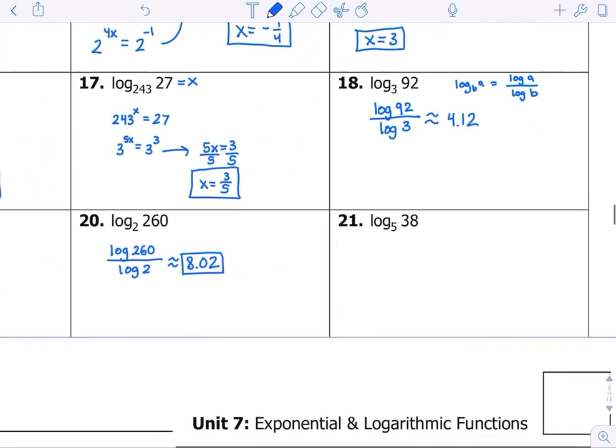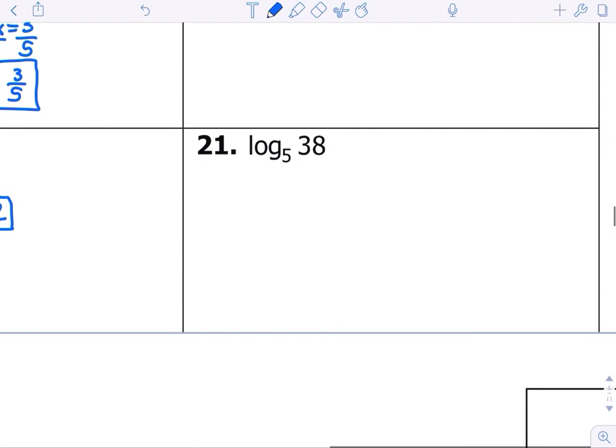And lastly, 21. So this one, we have to do change of base formula. So log of 38 divided by log of 5. That's going to be roughly around 2.26.